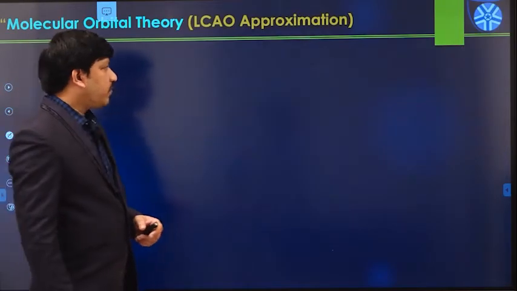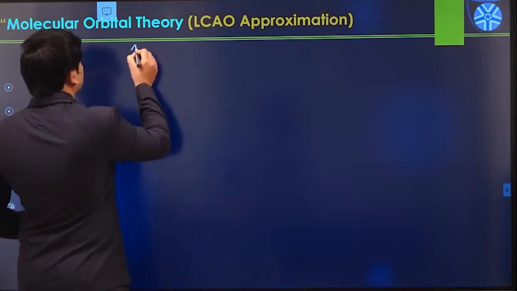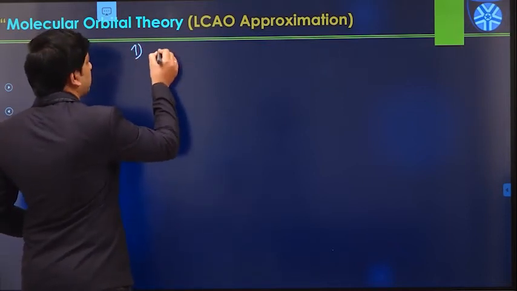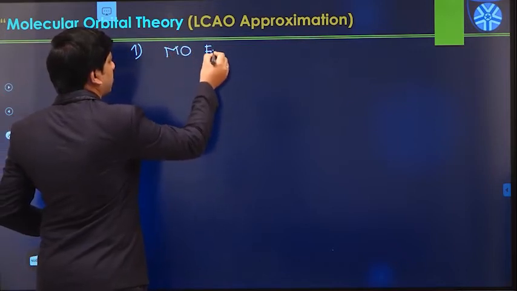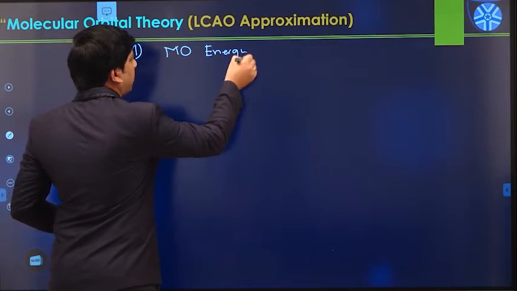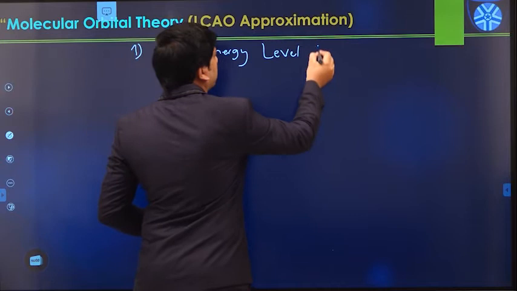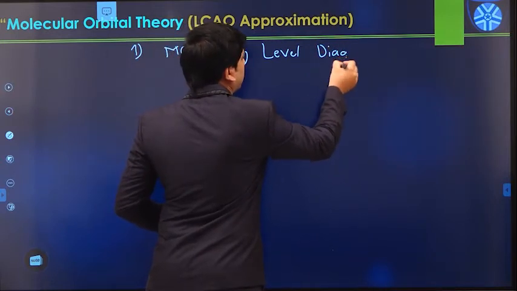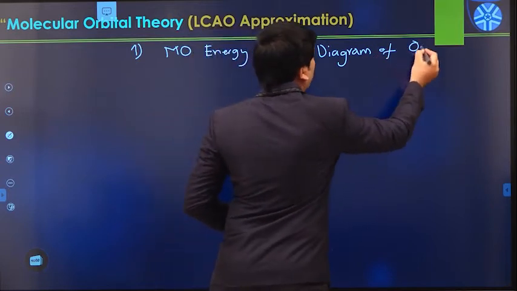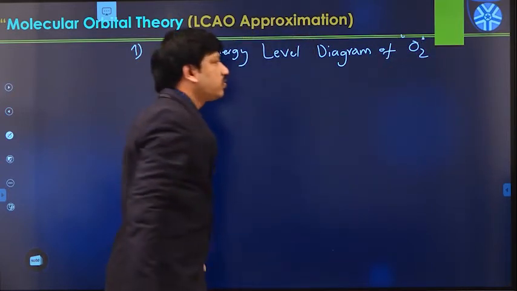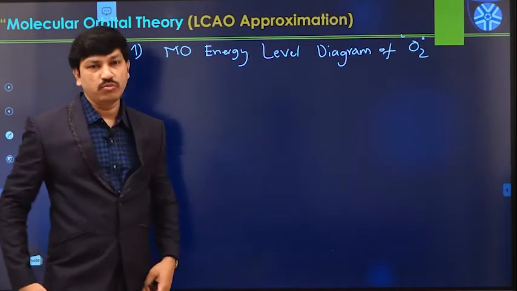So the first thing is the construction of the MO energy level diagram of the O2 molecule.